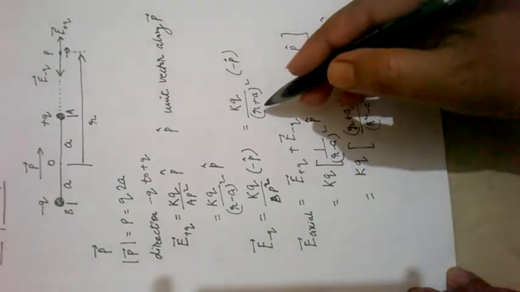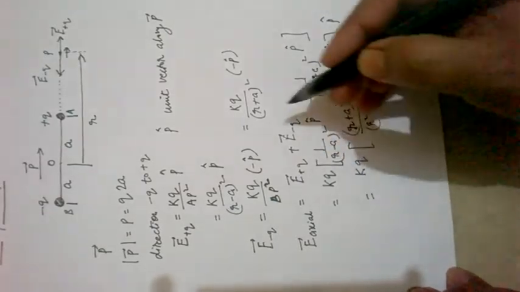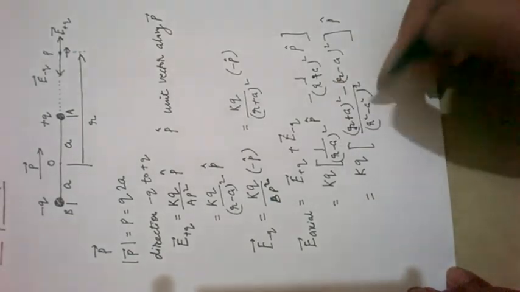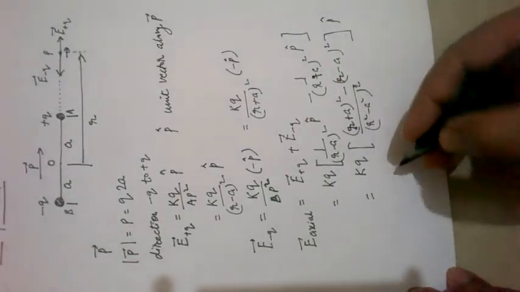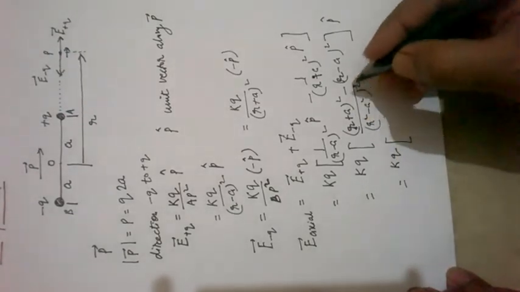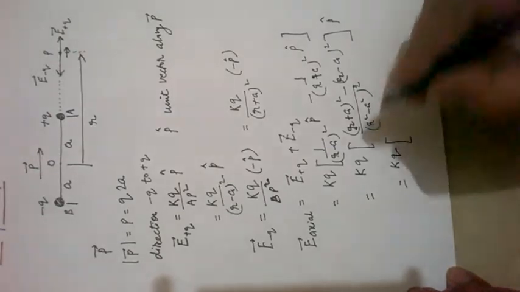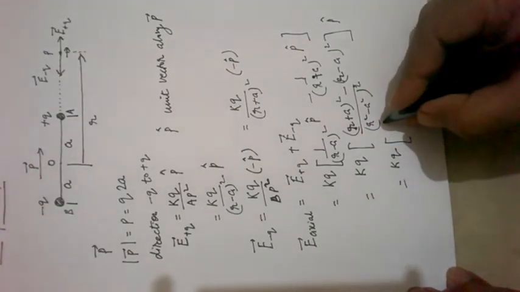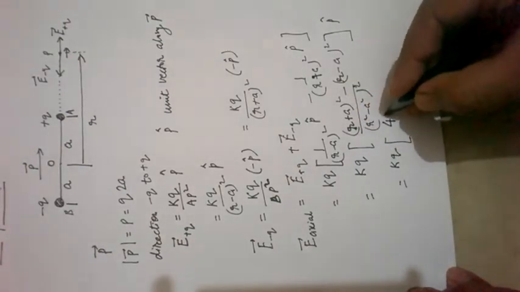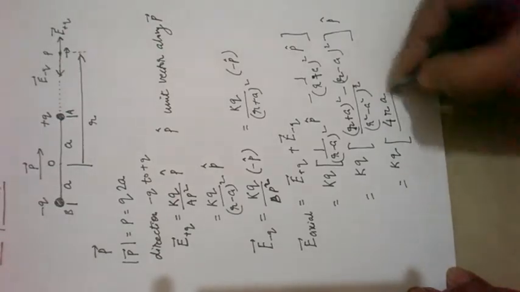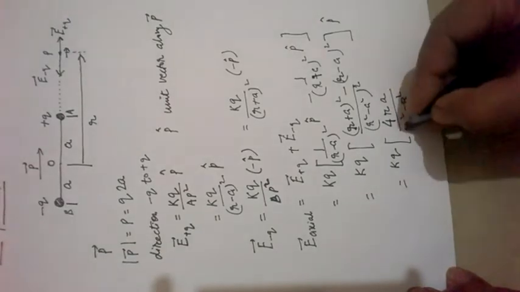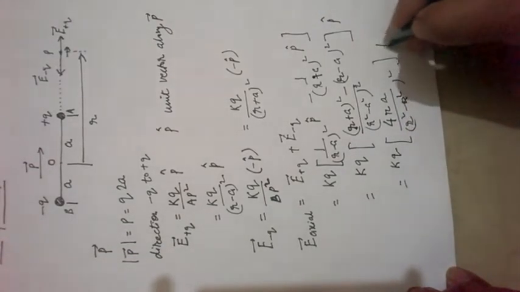Here this term has r plus a and this has r minus a, so we rectify this part. Now when I solve this, it is k q times A plus B whole squared minus A minus B whole squared. If you simplify this mathematically, you get 4AB. Here A is r and B is a, divided by r squared minus a squared, whole squared, with P cap.